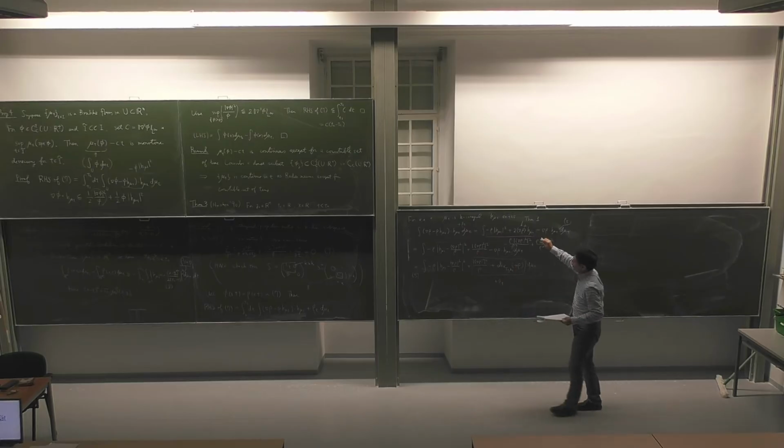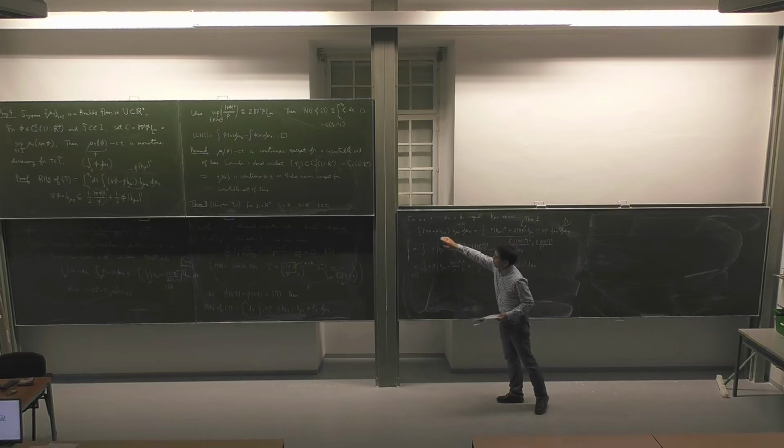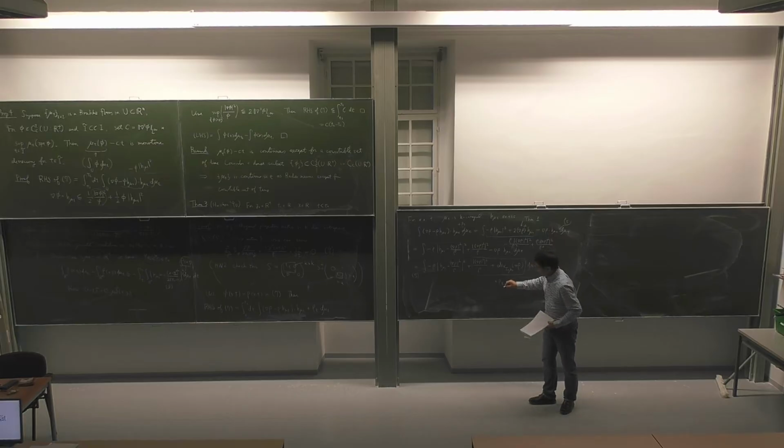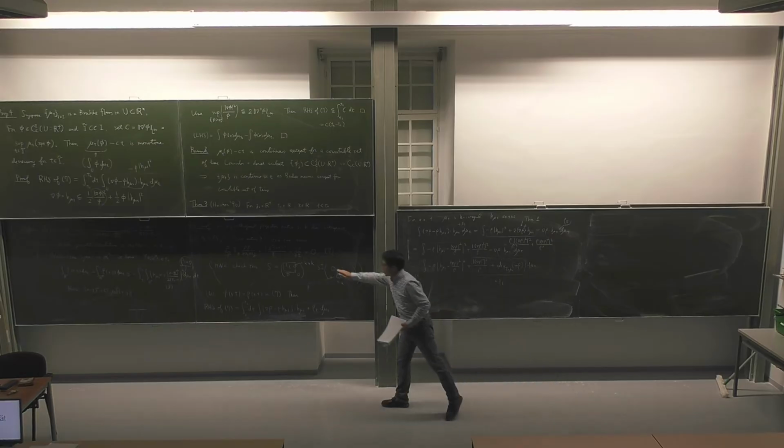I hope I didn't mix up. So this is the right hand side of the inequality 7. I forgot adding this number rho t, the time derivative of rho. And I just computed this first part here. So I need to add this rho t at the end. I hope that's clear.